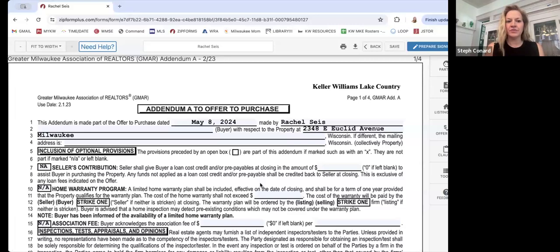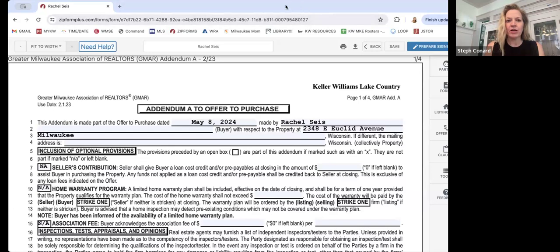There are different versions of the Addendum A out there. The WRA has their own. We use the GMAR drafted Addendum A, that's our local association, the Greater Milwaukee Association of Realtors.